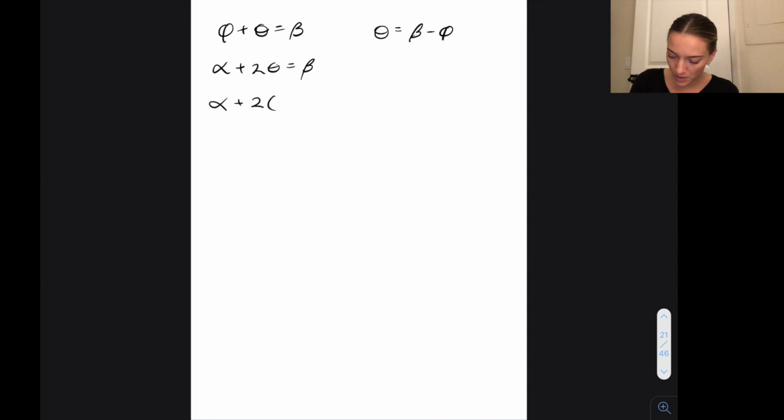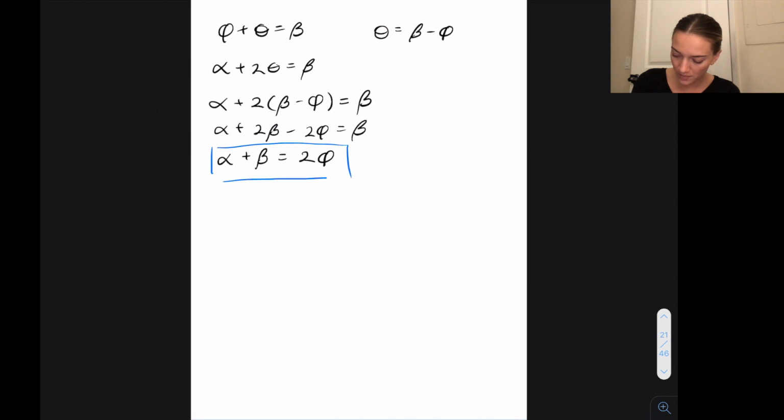So alpha plus 2 times beta minus phi is equal to beta. Alpha plus 2 beta minus 2 phi is equal to beta. And then I get alpha plus beta is equal to 2 phi. So now I have this equation here.